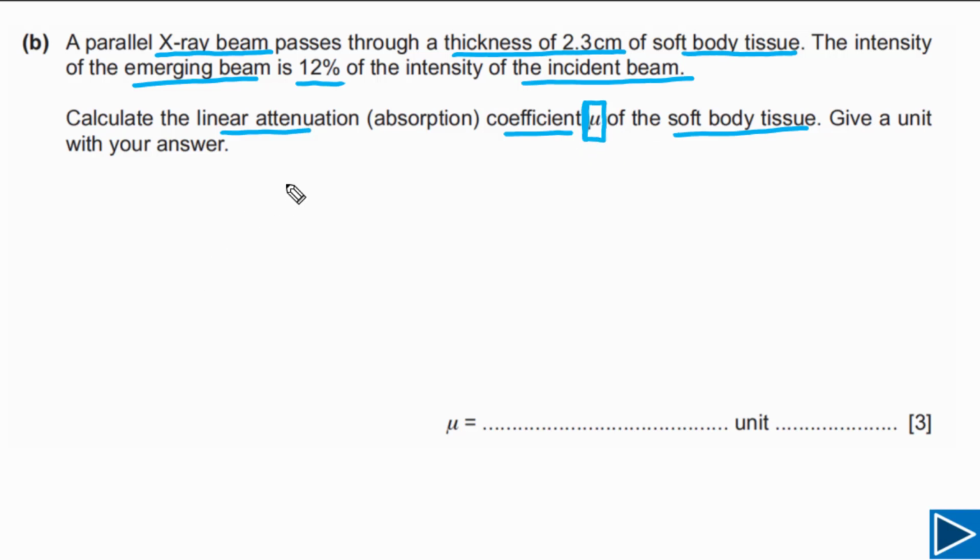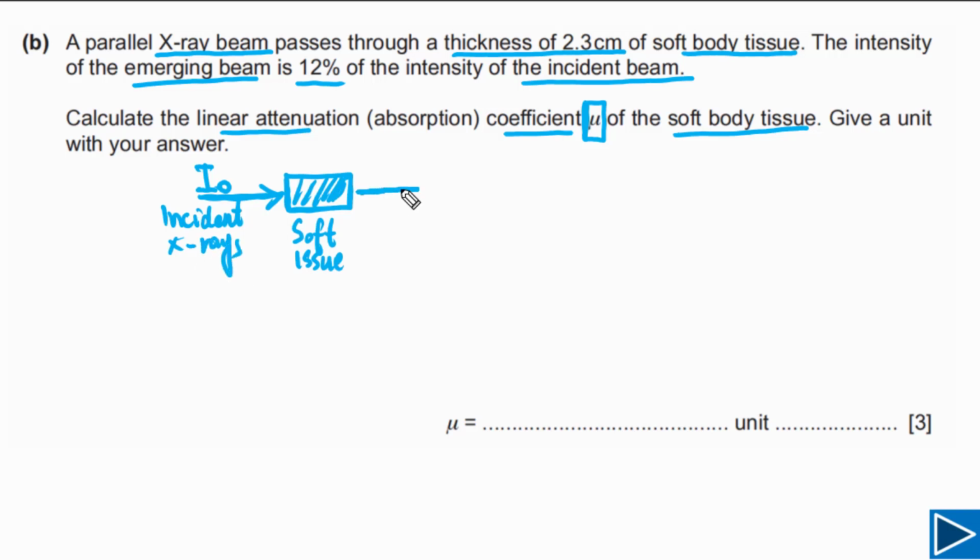Now let's try to understand this one with one very simple diagram. What is given to us? You can imagine that this is soft body tissue, so I will simply say soft tissue. These are incident X-rays, and the intensity of incident X-ray we can say is I naught. We can also write down the intensity of emerging X-rays, or you can say transmitted X-rays.